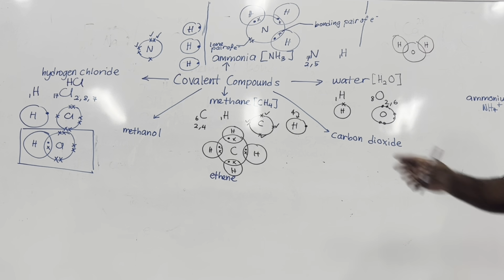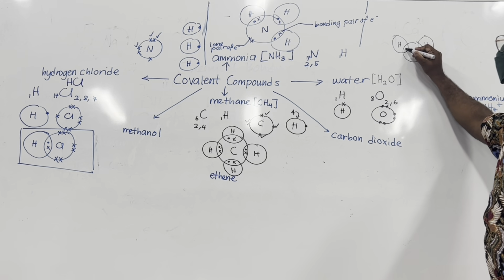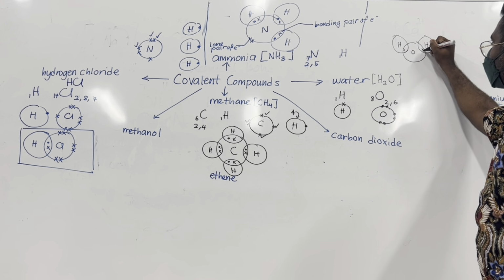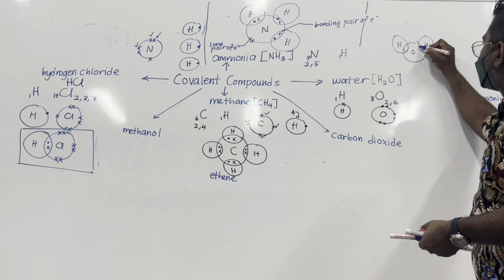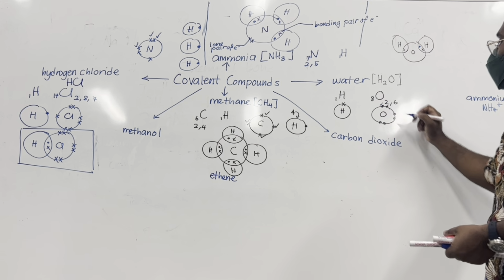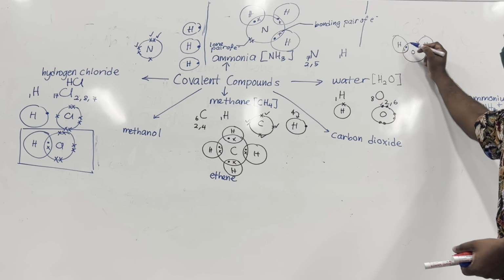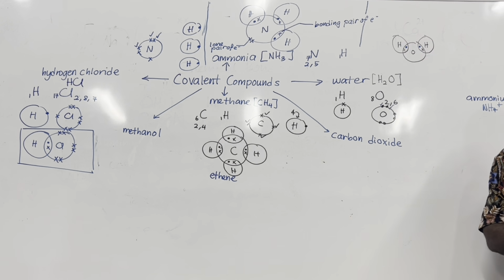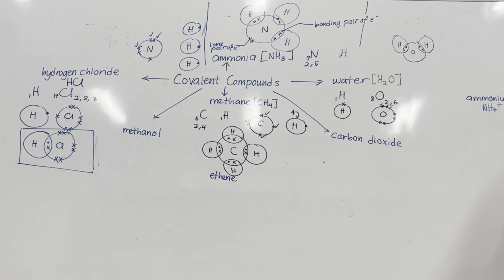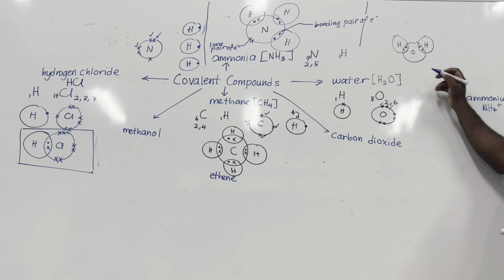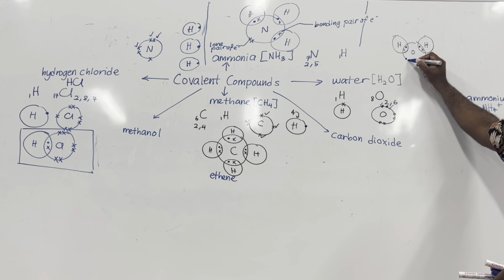So now hydrogen will put forward the electron and oxygen has to also put forward the electron. So oxygen will put forward this electron, so 1 is taken. It will put forward this electron, this one is also taken. But you will notice that there are 4 electrons there. So the 4 electrons will come over here.